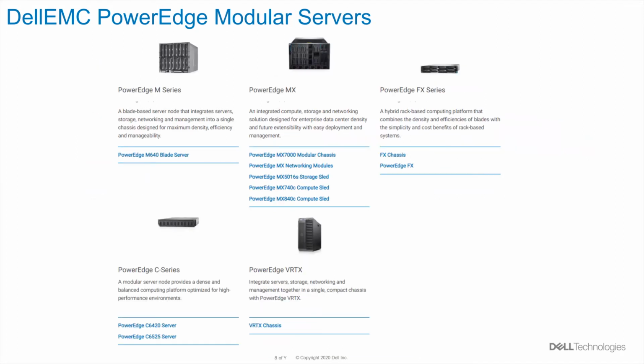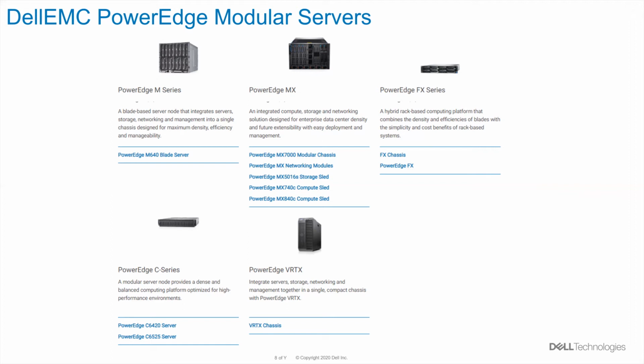We also have a wide selection of modular servers for the data center. These tend to be chassis that can take storage sleds or compute sleds or networking modules, with similar types of capabilities to the rack equivalent. So the 840 compute sled would be 4-socket, similar to an R840, and the 740 would be a 2-socket.